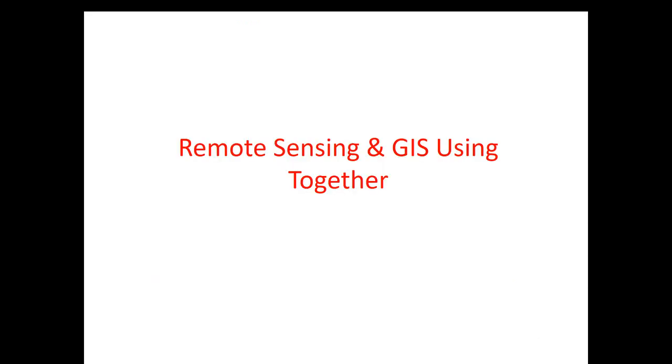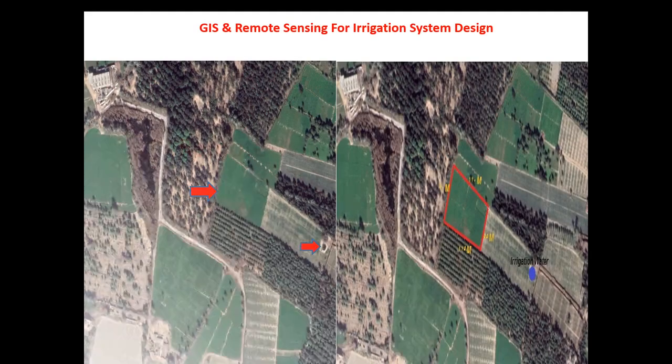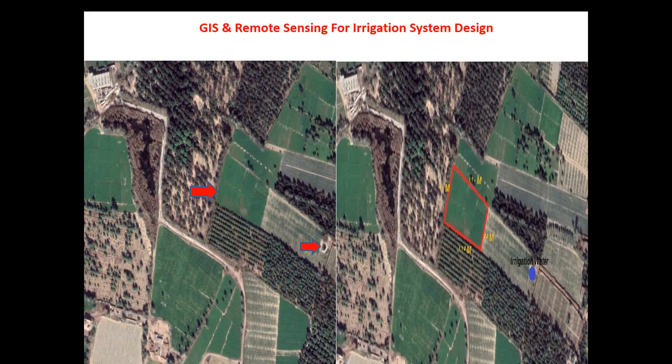Remote sensing and GIS technology used together, I think, play an important role in our life every day, but without field study it is nothing. Why?